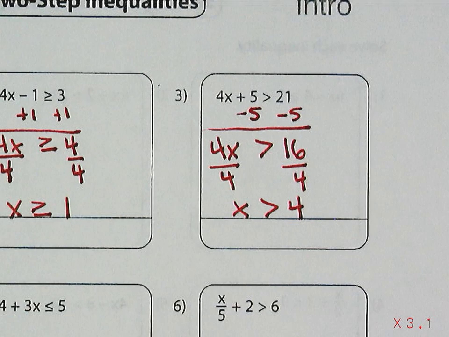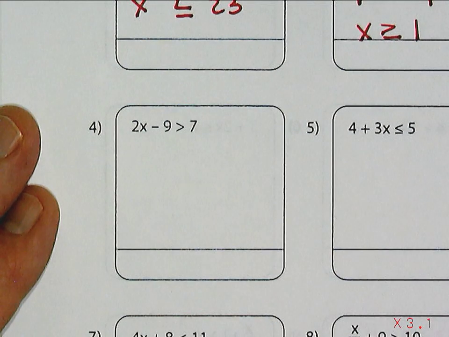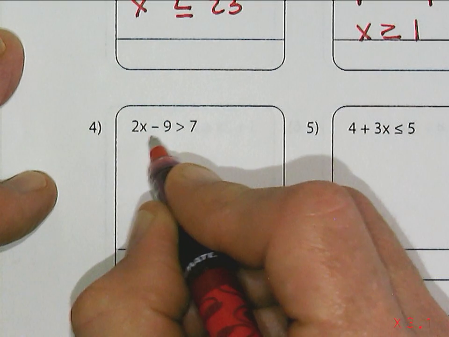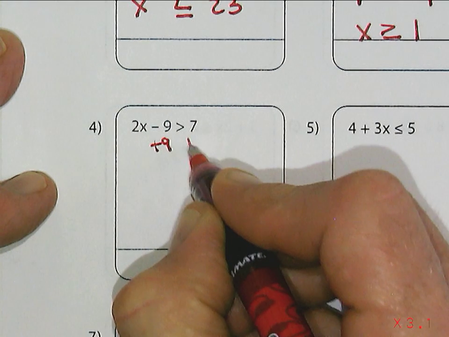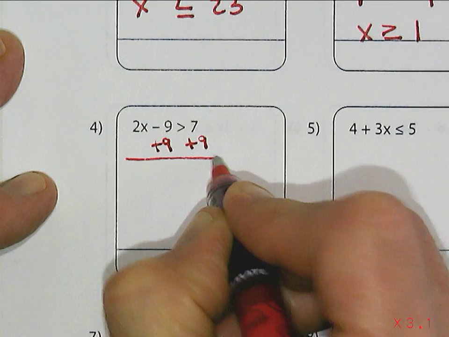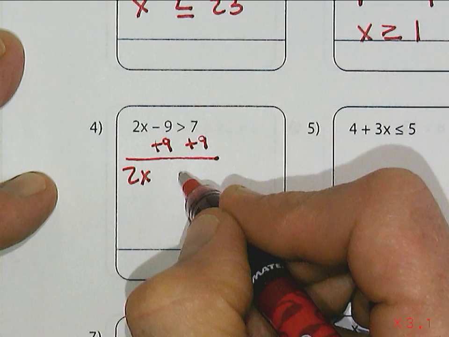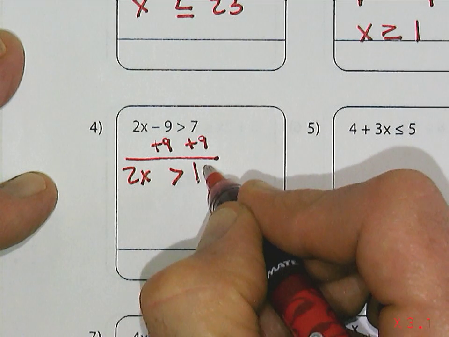So let's do a few more examples of this. A couple simple ones and then a more complex one. So again, I'm trying to get the x alone, which means I want to get this negative 9 away from it. So if I add 9 to both sides, the 9 goes away, and 2x is greater than 9 and 7, put together makes 16.